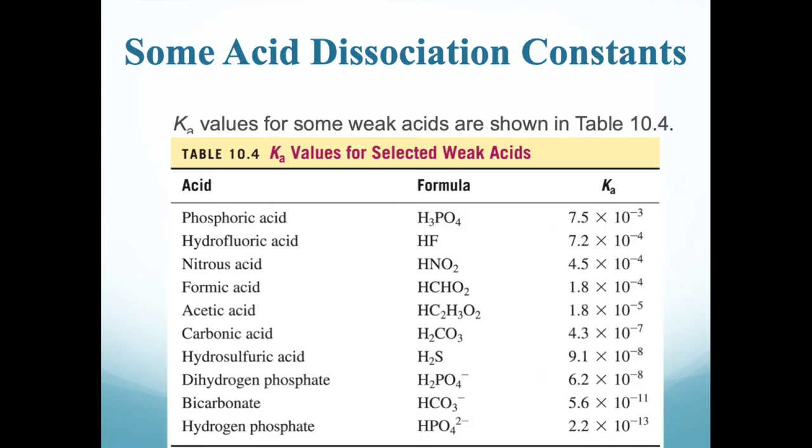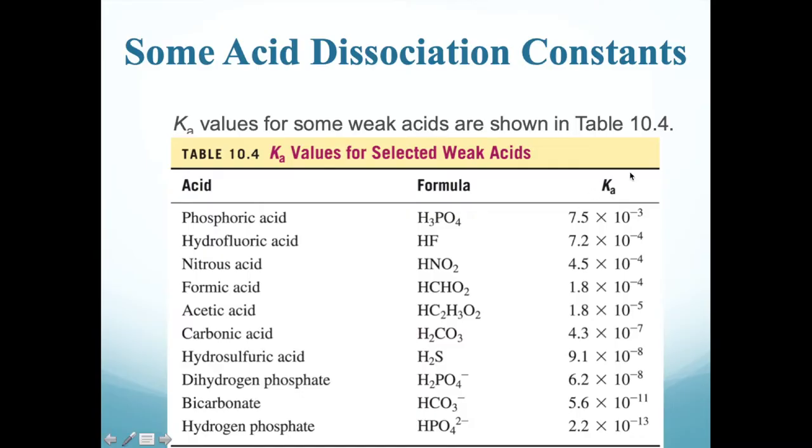You could compare weak acids by comparing their Ka values. The smaller the value of Ka, the weaker your acid is. For example, phosphoric acid is a weak acid, but it's a stronger acid than, let's say, acetic acid. You could use these Ka values to quantify just how weak these acids are.